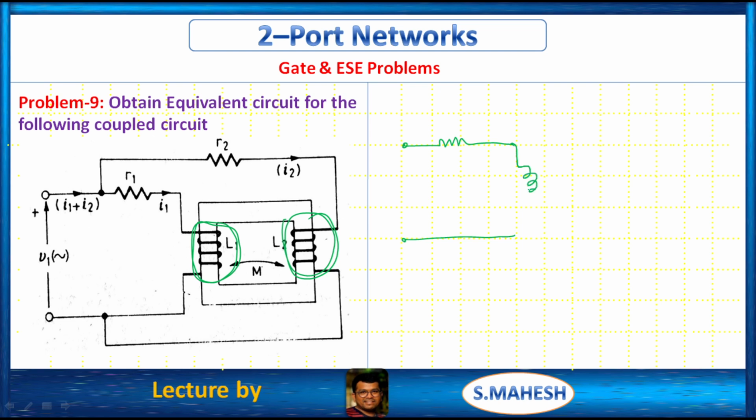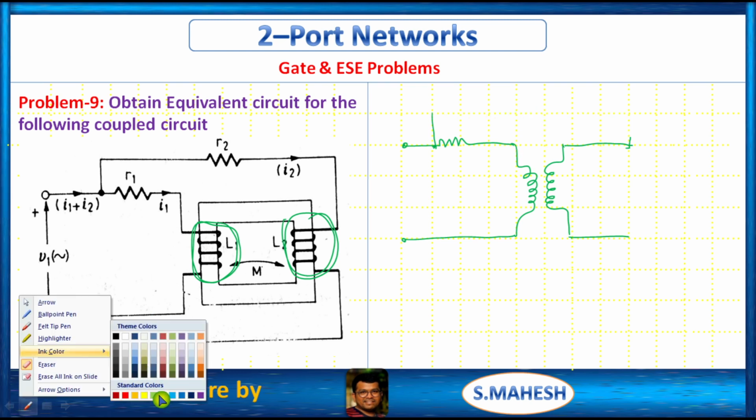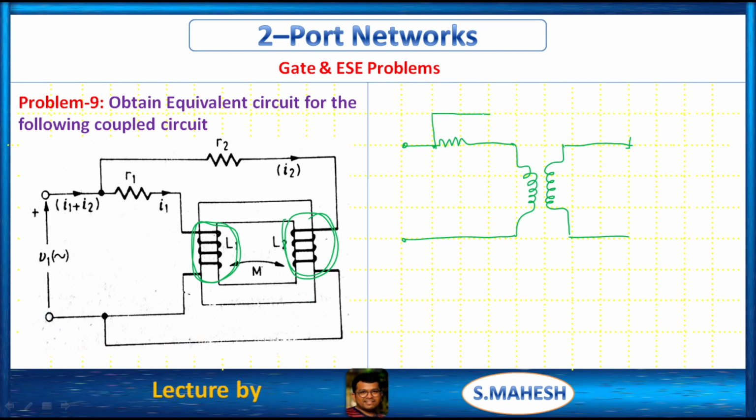Let us say, this is L1, completed. Next, this is L2. From this we can, that's it. Sorry, here we have, that's it.